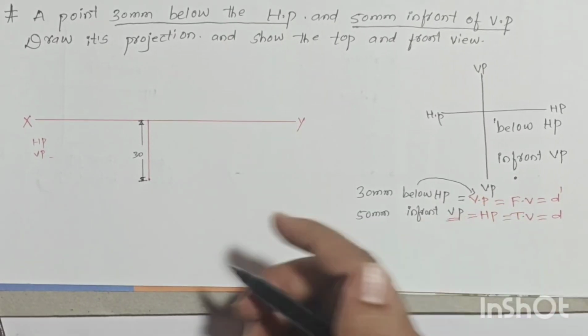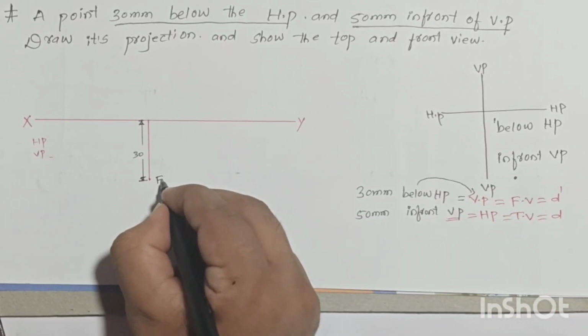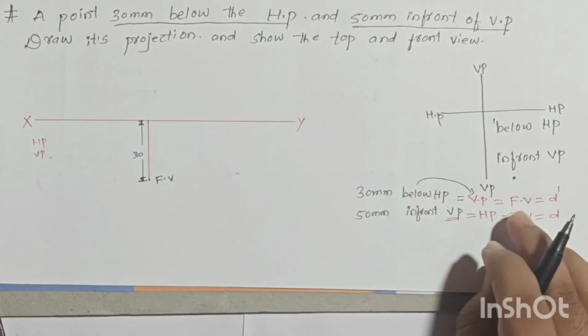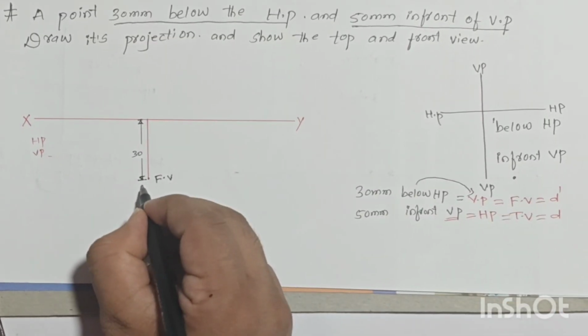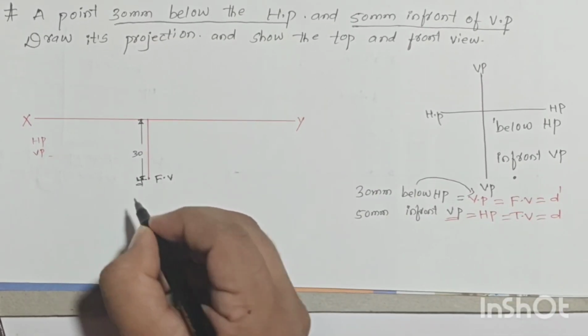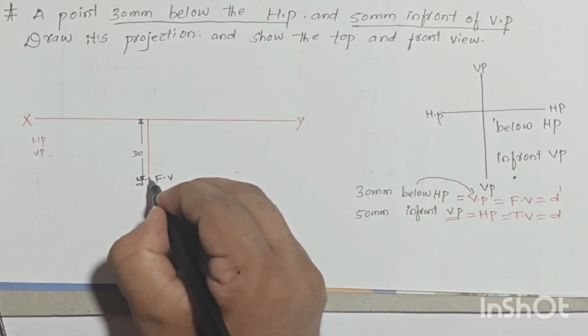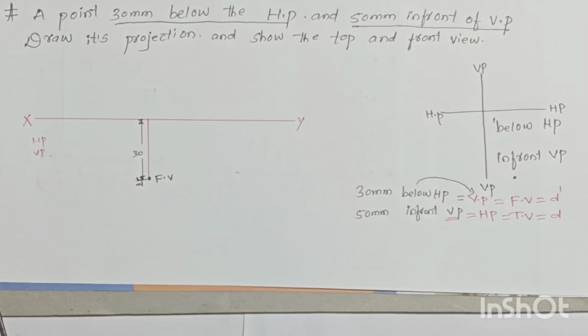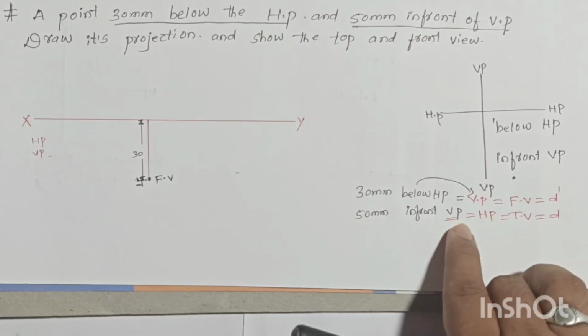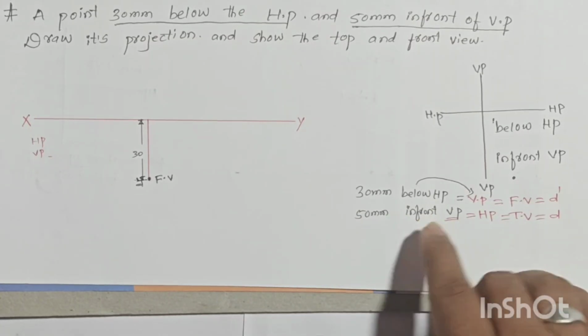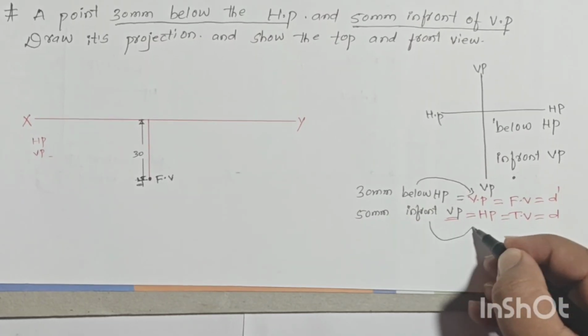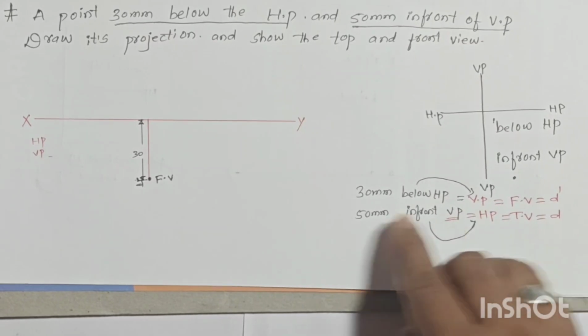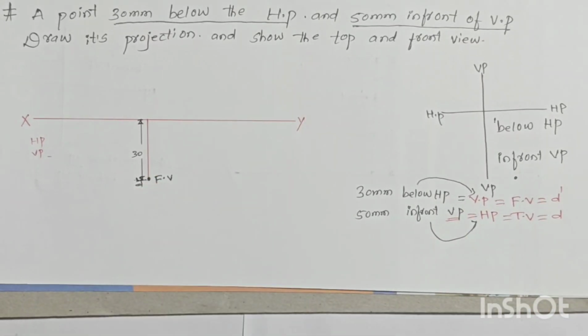Okay, 30 mm, resting on this vertical plane. This vertical plane, what we can say here, is front view. It represents as the point D dash. So this point is called D dash. Again, 50 mm in front of VP. Where is it resting here? Resting on HP. Both HP and VP are below the reference line.